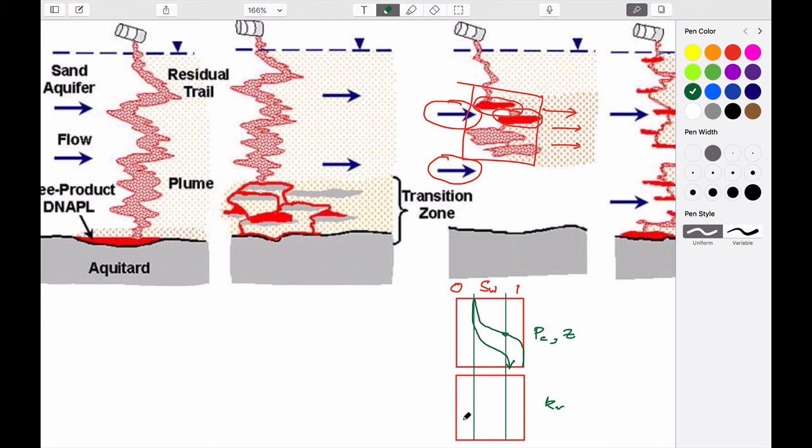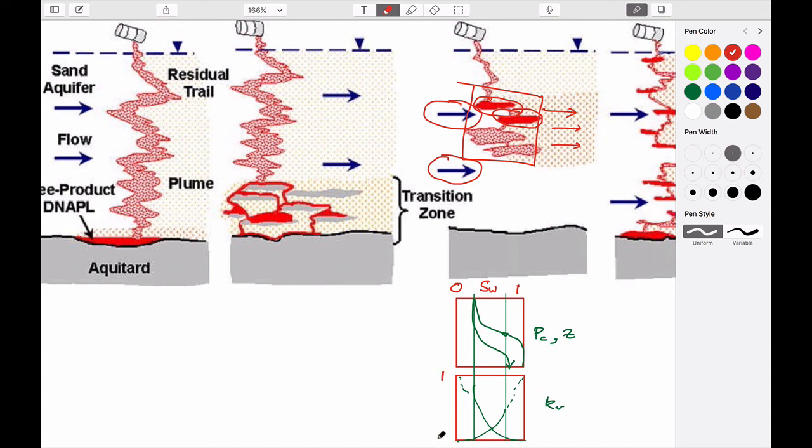that these curves look something like this and like this. They follow exactly the same characteristics as we've talked about elsewhere.